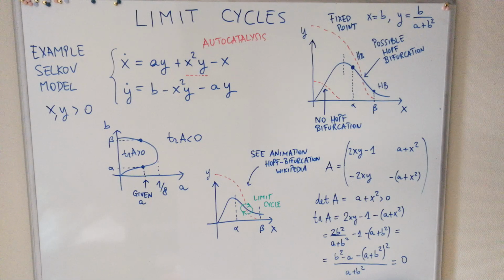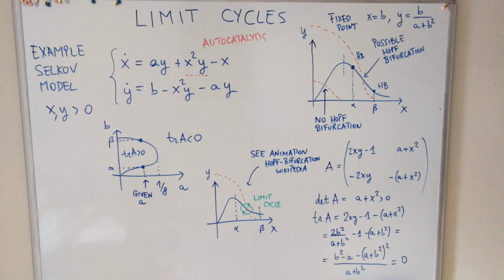Okay, so given a fixed value of a smaller than 1/8, you move along this line and you find 2 points of b where the trace is equal to 0. So there are actually 2 Hopf bifurcation points for fixed a.